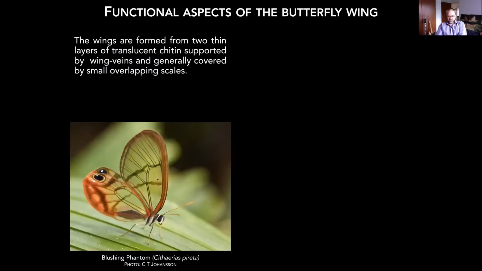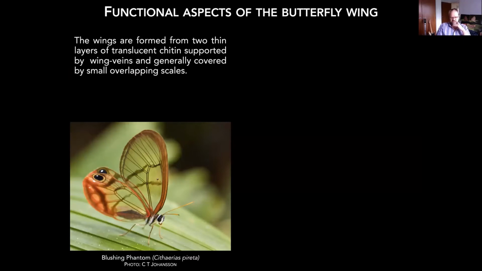So if we start just looking at butterfly wings, the butterfly wing is a very thin thing. It's formed of just 2 layers of chitin that are supported by these wing veins, and then it's generally covered by overlapping scales.